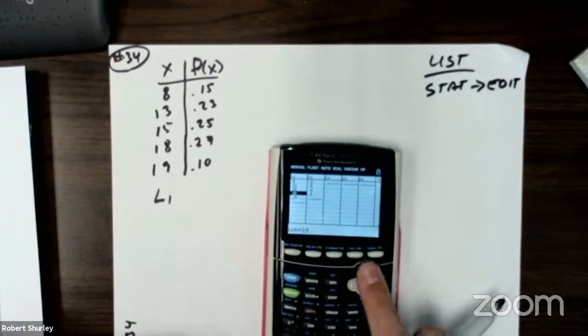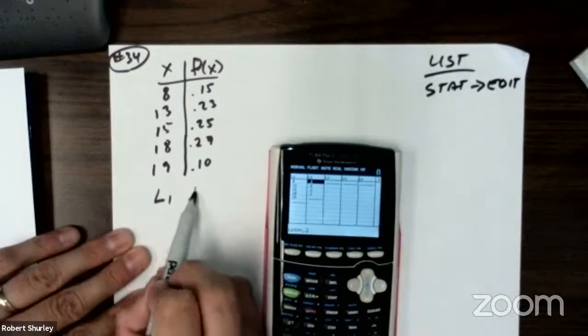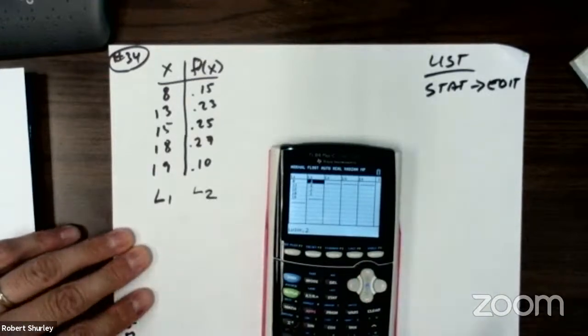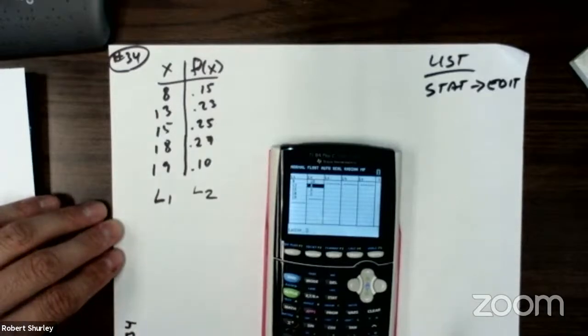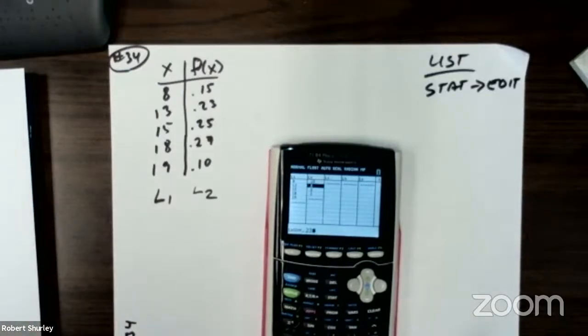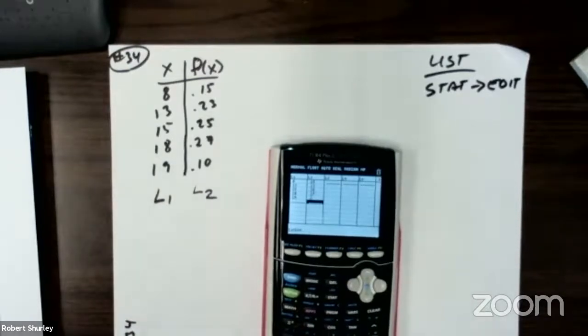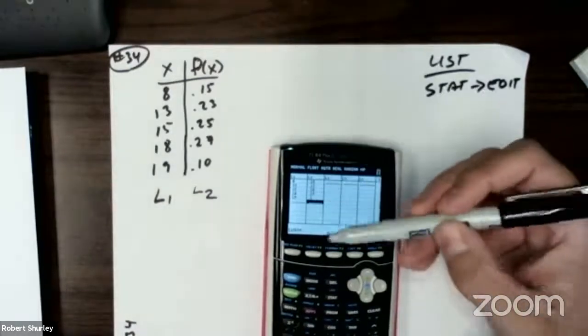And then L2 I'm going to make the probabilities. So that's 0.15, 0.23, 0.25, 0.27, and 0.10. So I've edited the list.